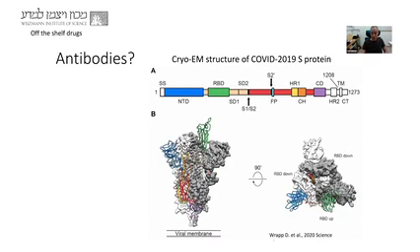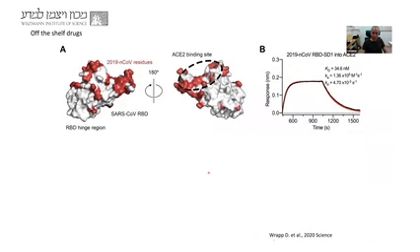Now, the biggest question would be whether or not we already have antibodies that will be able to target this spike. In order to enter cells, the viruses need to bind something that is known as the cell entry receptor. And they do that by using this particular domain that is shown here, and the cellular receptor of SARS coronavirus, both the previous one and the current one, is a protein that is called ACE2.